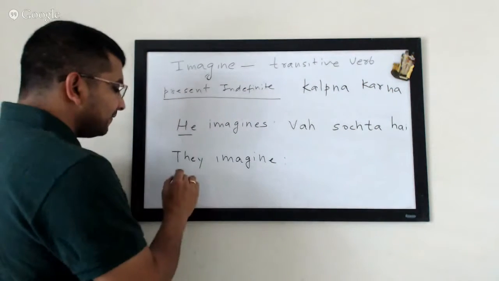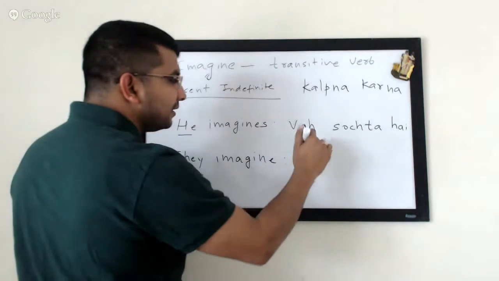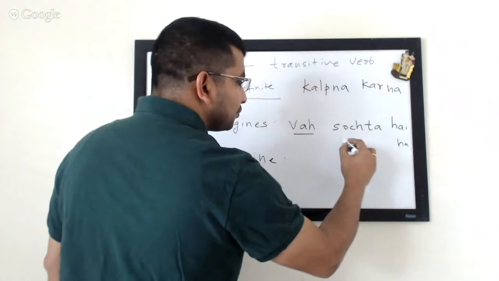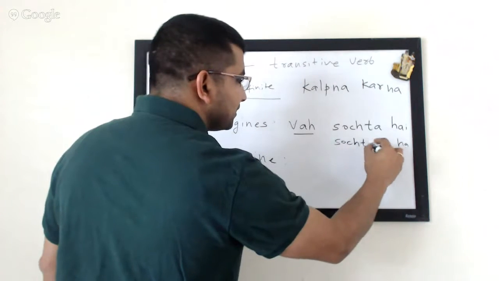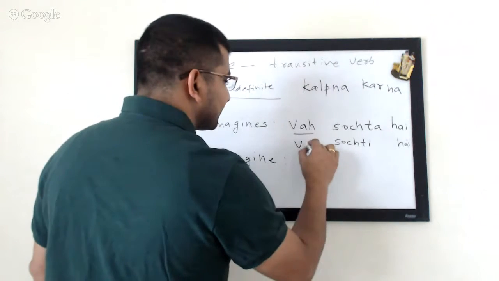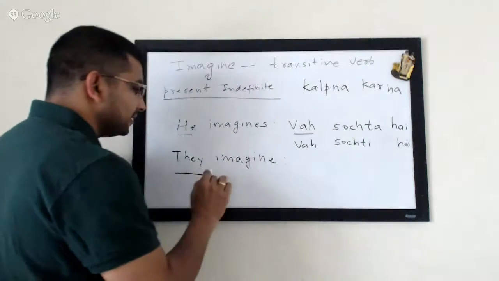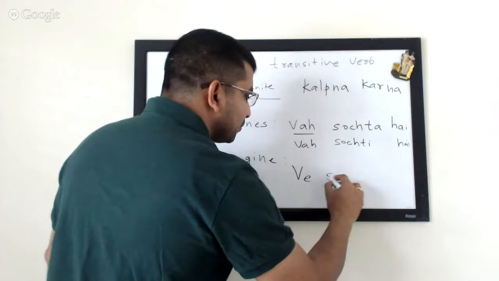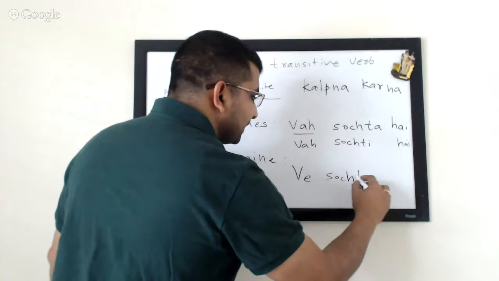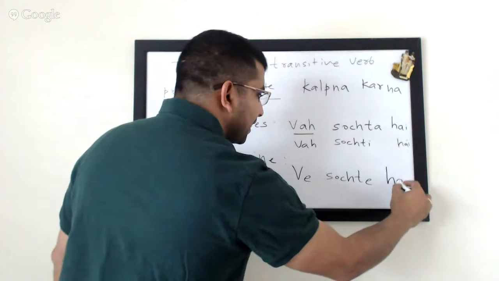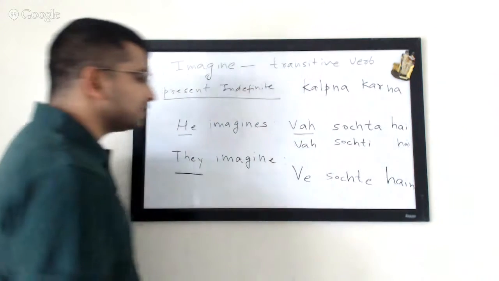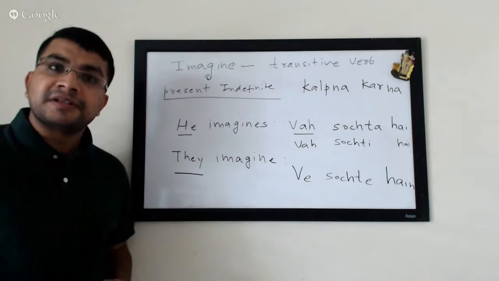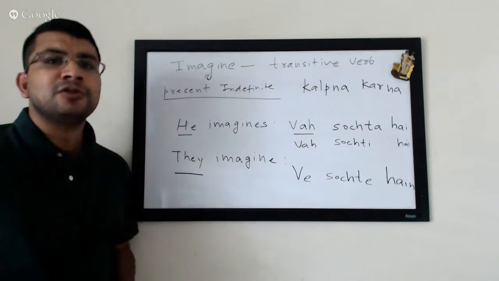And then if it is a female or a girl, it will be वह सोचती है for a female. They imagine, वे, they is वे, so it's वे सोचते हैं, वे सोचते हैं. Good. So I hope the present indefinite part is clear for this verb.